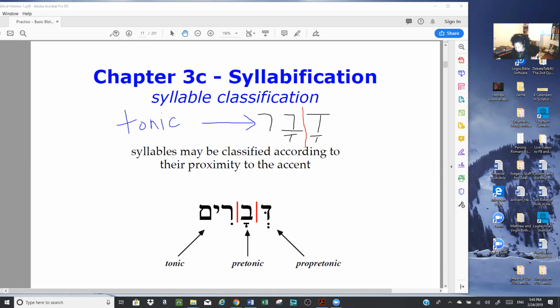In the example with sefer, remember, the samek would have been the tonic syllable because it had the accent on it. When you start out with a word that has at least two syllables, the last syllable at the end is your tonic syllable, the accented syllable.